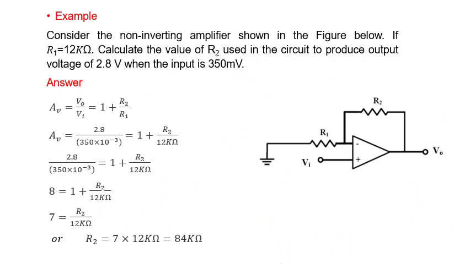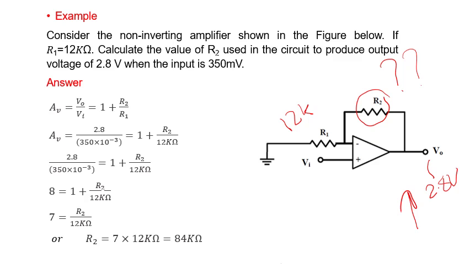Here is an example on the non-inverting amplifier. In this figure, we have R1 equal to 12 kilo ohm. Calculate the value of R2, which is missing, we don't know the value, used in the circuit to produce a voltage of 2.8 volts here, if the input voltage here is 350 millivolt.